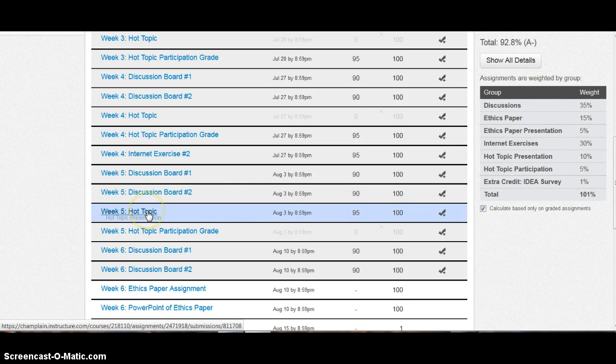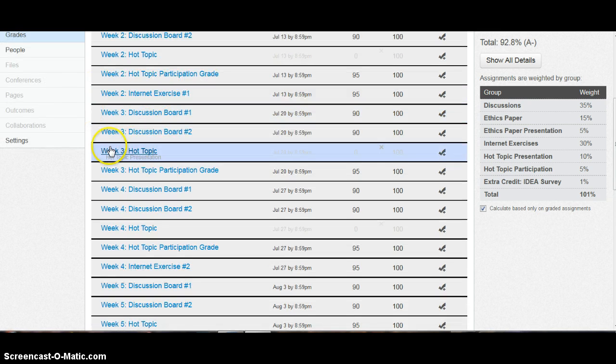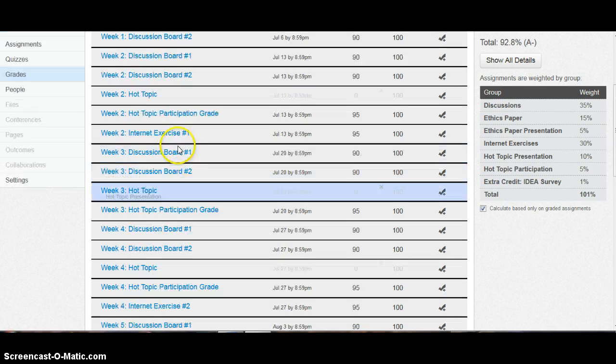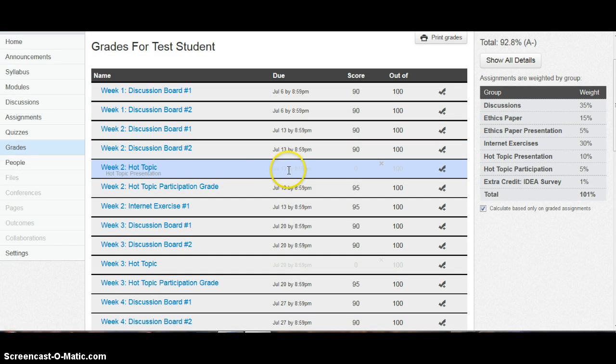But for every other week, you will notice that for Hot Topic week 4, oh my goodness, there's a 0 grade. For Hot Topic week 3 for presentations, another 0 grade. For Hot Topic week 2, another 0 grade.